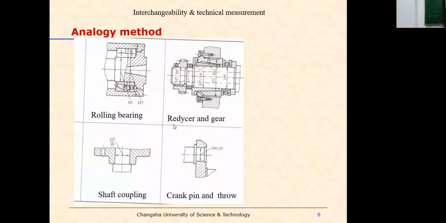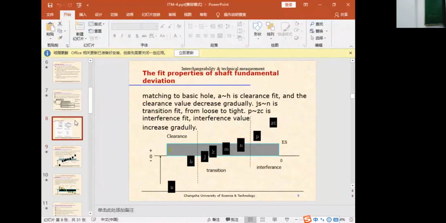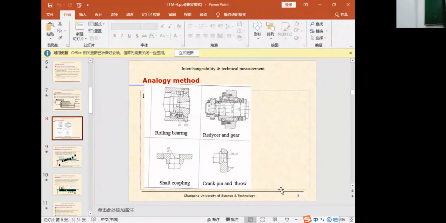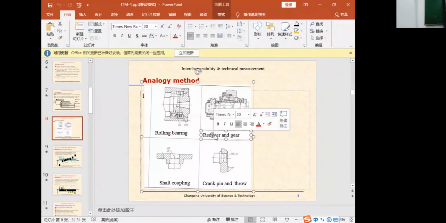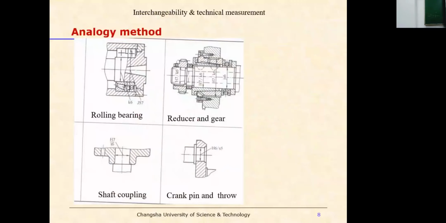For the reducer, this is a reducer and gear. This is the bearing, so the JS7, JS6.